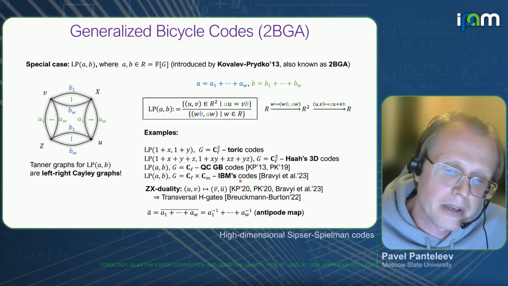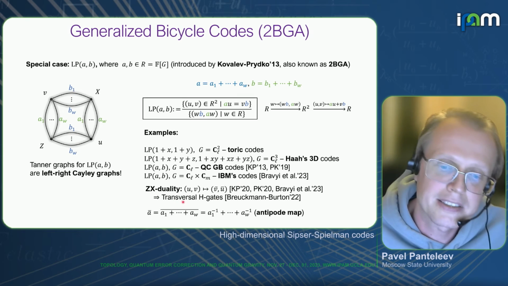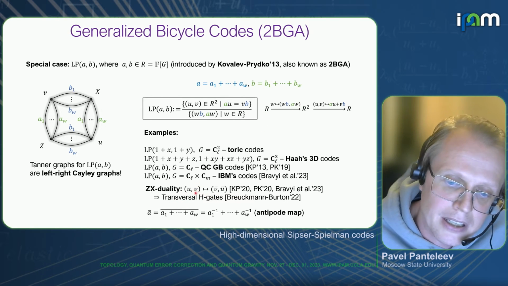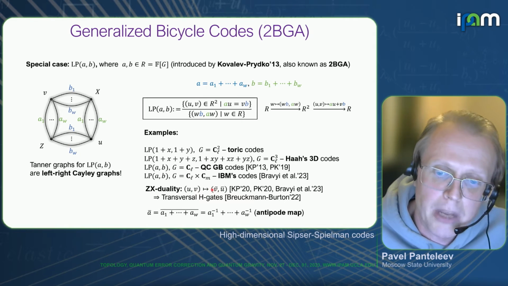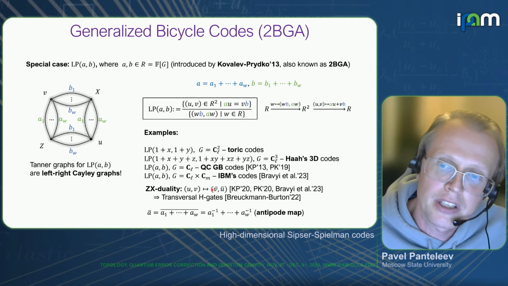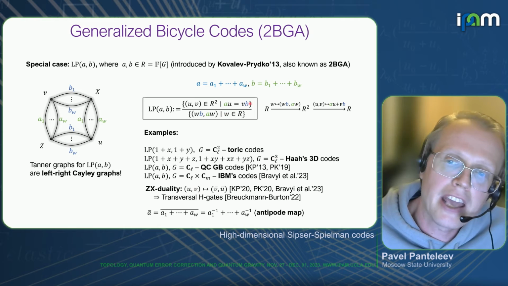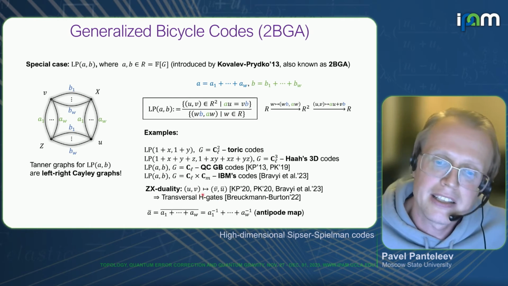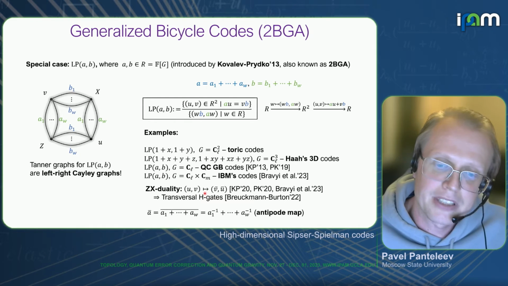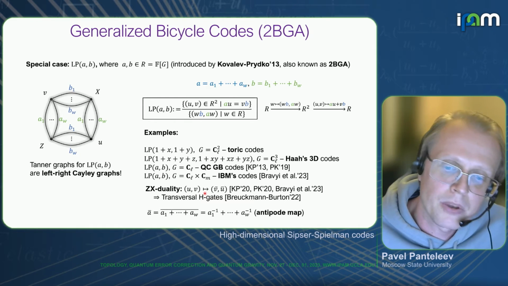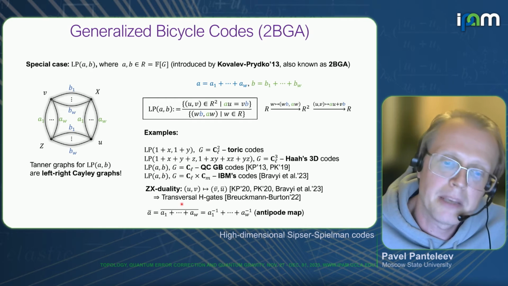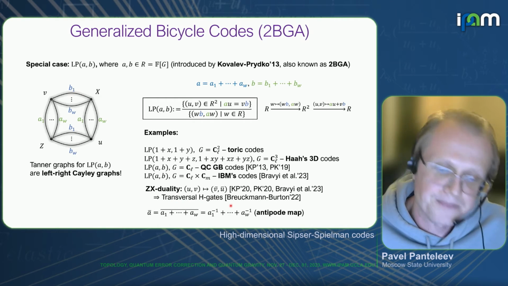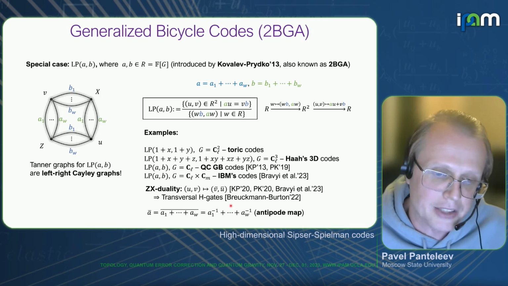This family has very nice properties. You can easily check that this transformation converts the HX matrix to the HZ matrix and vice versa. So it's some automorphism that this code has, which means that this code has transversal H gates, which is also very nice to have.